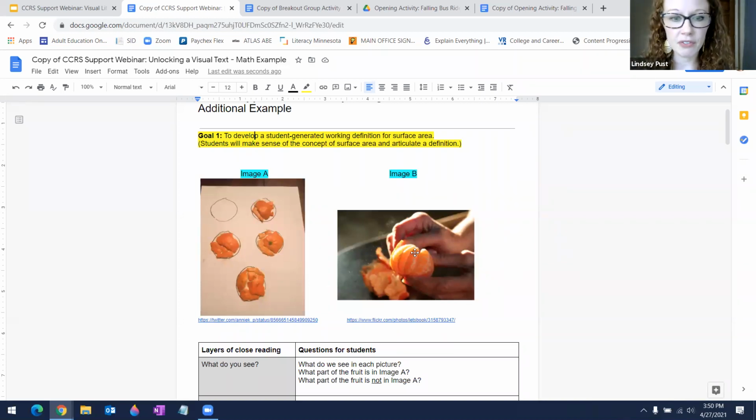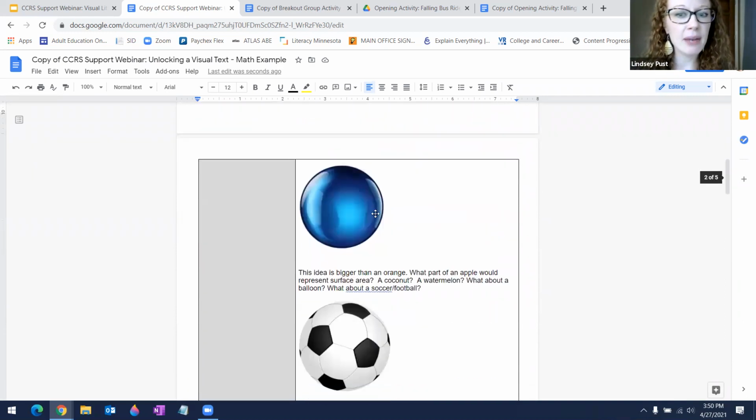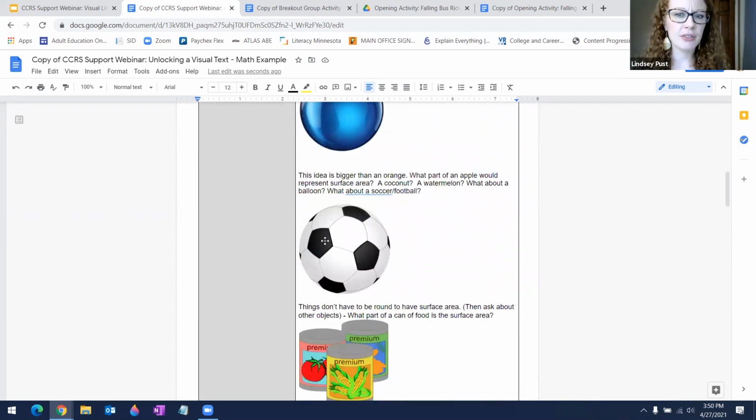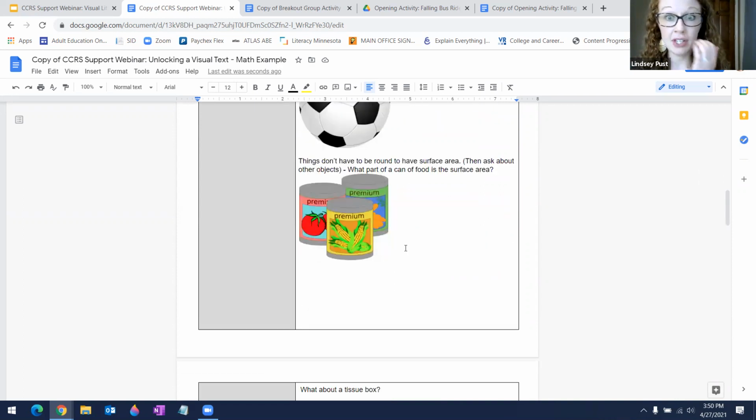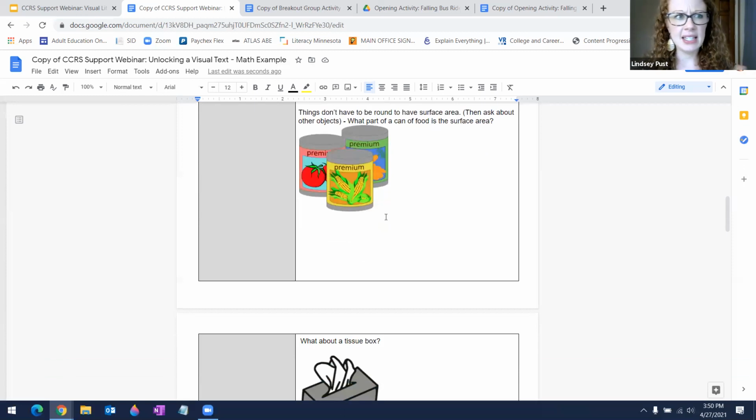So having a couple different visuals with a sequence of questions, getting students to see the difference between the inside and the outside of the orange, and what are we talking about? And what does area even mean? And bringing in some other shapes that are not part of the original two, and extending this idea of the outside of a sphere being the surface area.